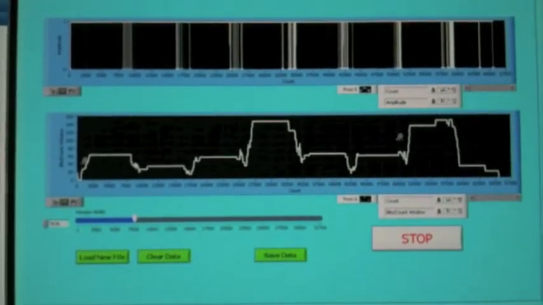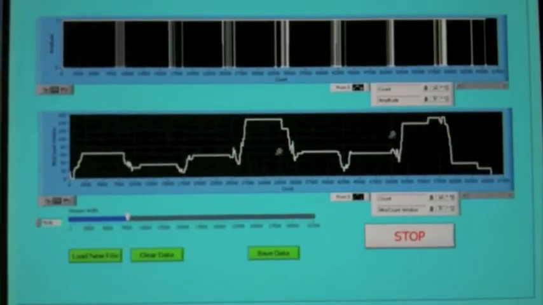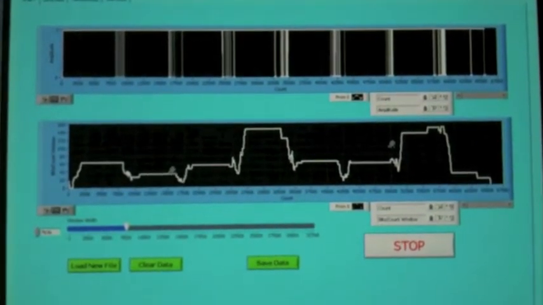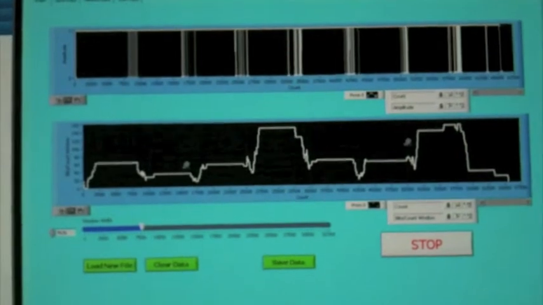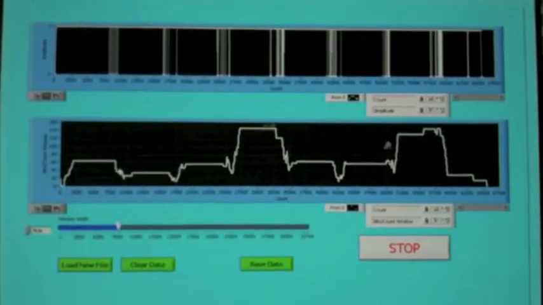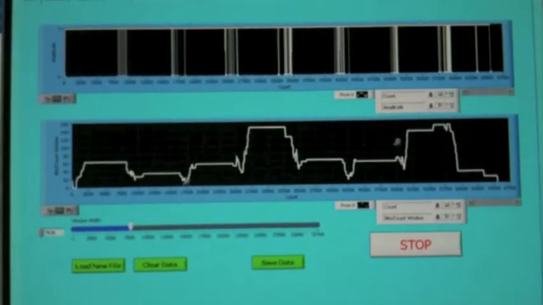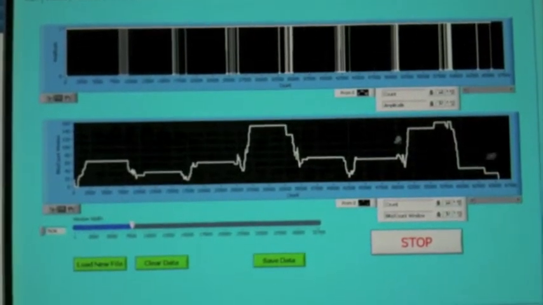I would say in this case our noise level would be averaging about 40 to 50. Mm-hmm. And our peaks of our signal are in the 140 to 150 range. So we've got about a 3 to 1 signal to noise ratio on this one.